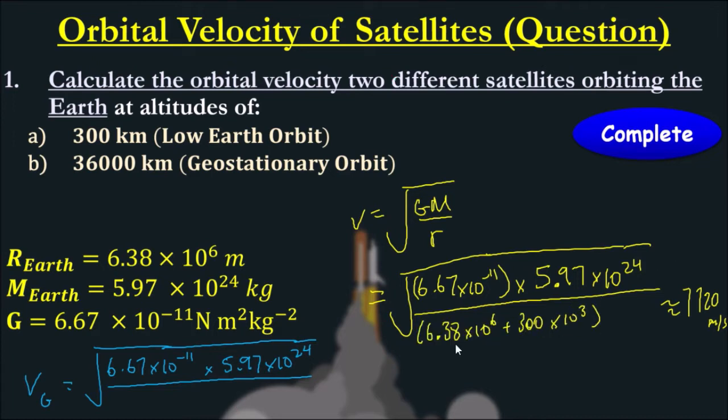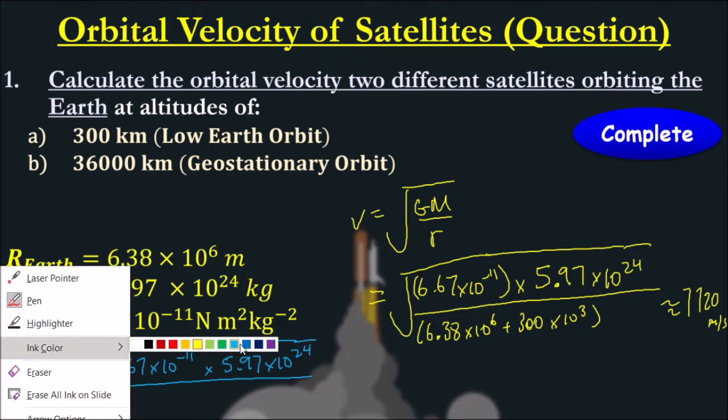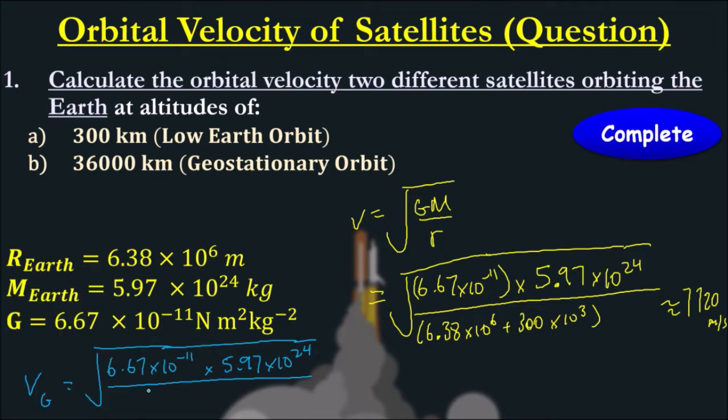Okay, so don't forget to add the radius of the Earth because it is orbiting around it. And then for our geostationary model, or geostationary orbit, we get a speed of about 3,065 meters per second.